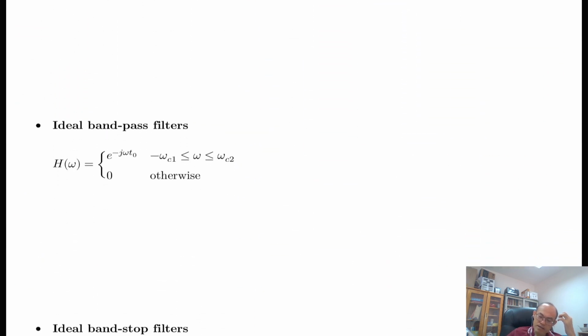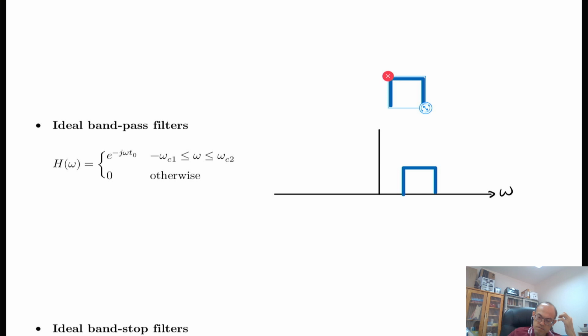And for the ideal band pass filter, the graph will look like this. This is the graph for an ideal band pass filter. Okay, and omega c1, omega c2, minus omega c1, minus omega c2.